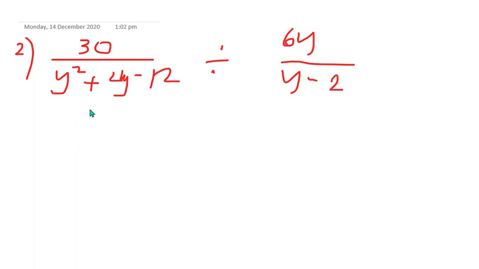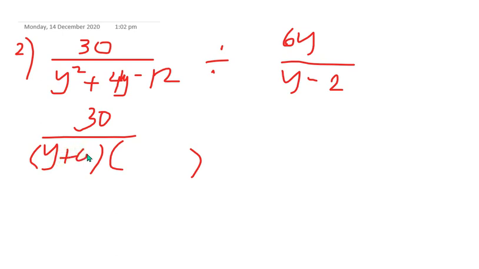First we simplify the denominator here, which is y squared plus 4y minus 12. The factors are y plus 6, then y minus 2. Why? Because this is 12: 6 times negative 2 is negative 12, and the middle term is 4. So get the sum: 6 plus negative 2 is 4.